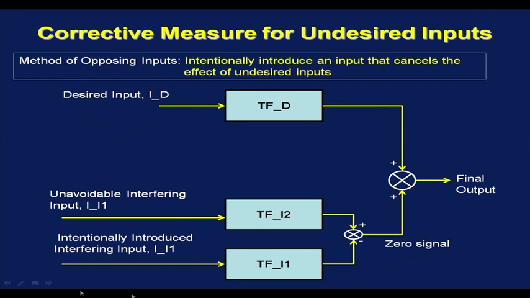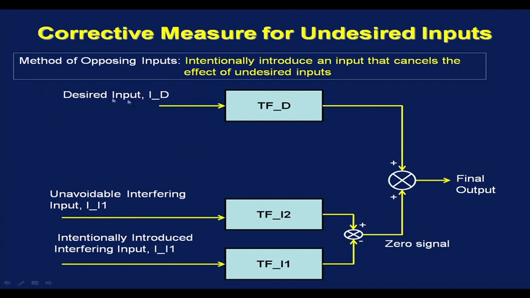Let us look at this block diagram. We have desired input, corresponding transfer function. We have interfering input, corresponding transfer function. We intentionally introduce this interfering input. We have this unavoidable interfering input.